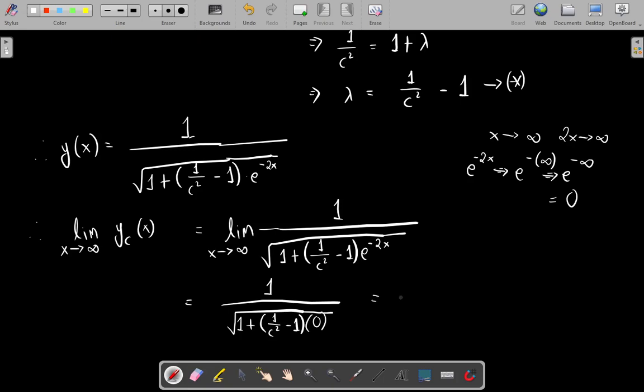Okay, so we are left with 1 upon square root of 1 plus 0. Okay, so this is equal to 1, which is the final answer. So the value is equal to 1.